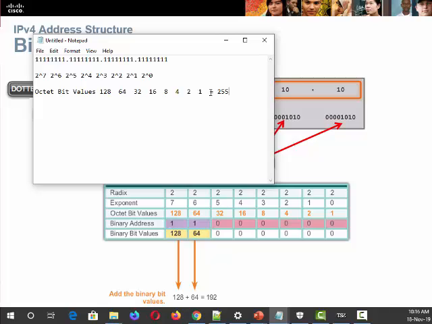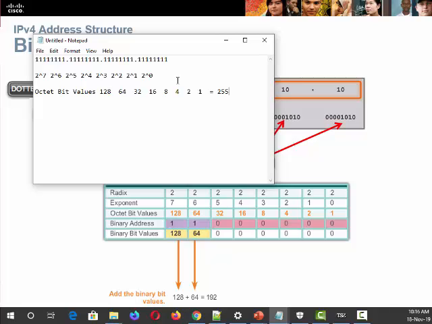And what is the implication of that? It means inside each octet, we can have a number in decimal from 0 to 255.